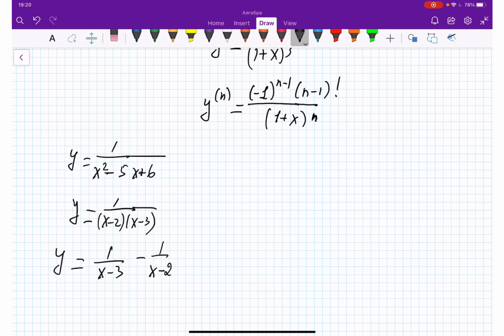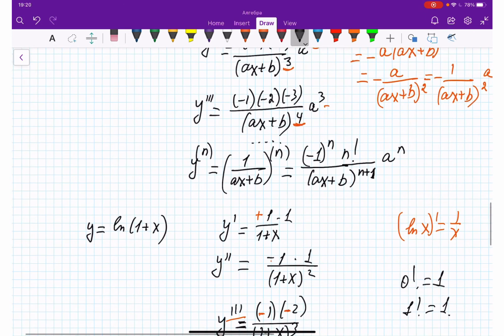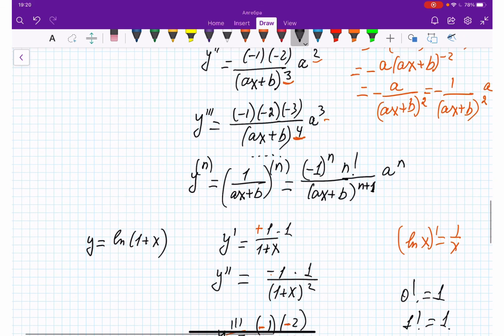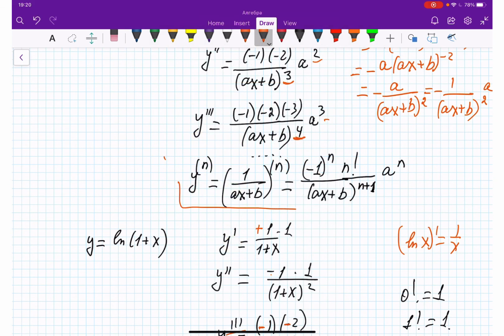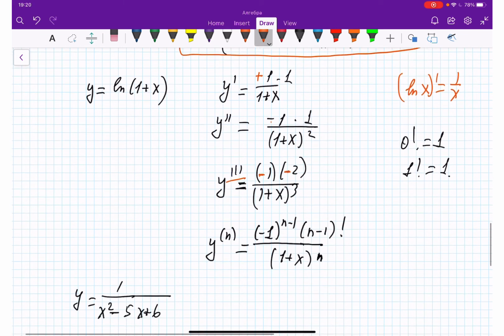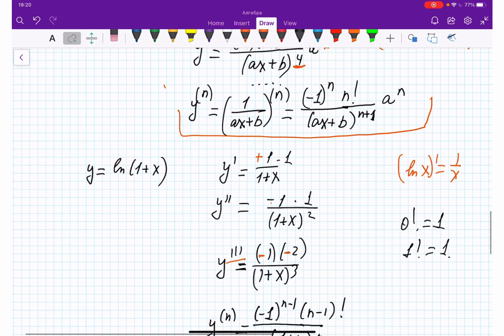Okay. Using the formula we got in this example, where is it? This one. Using this formula, 1 over ax plus b to the power n plus 1, I can write it down here. Let me copy and paste so we can see.